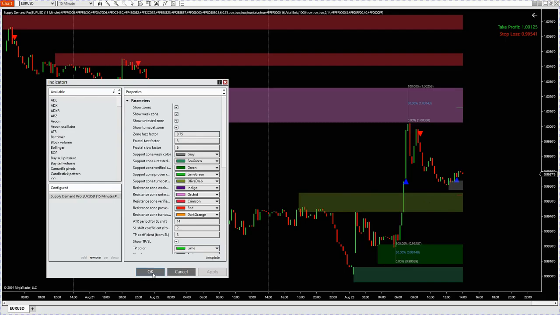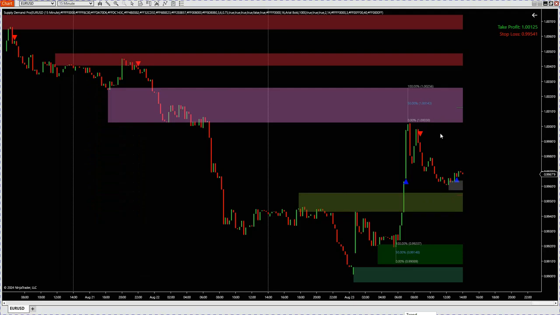Because what happens is once price veers away from one of these zones, it's looking for another supply and demand zone. Now, one interesting thing we can look at is this weak zone.